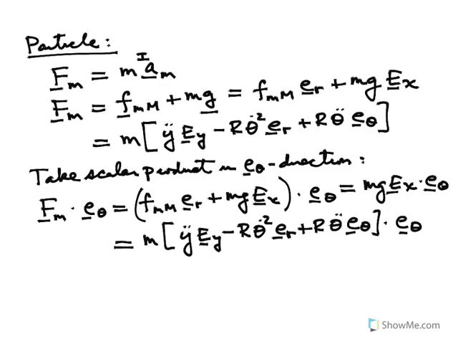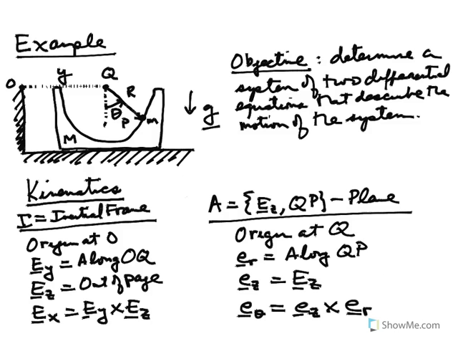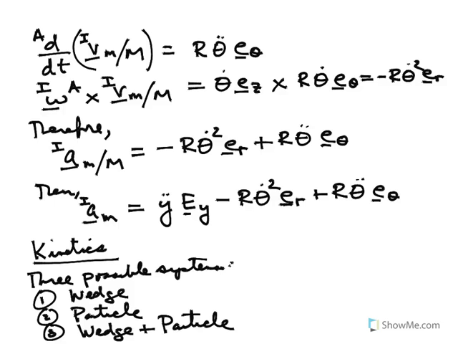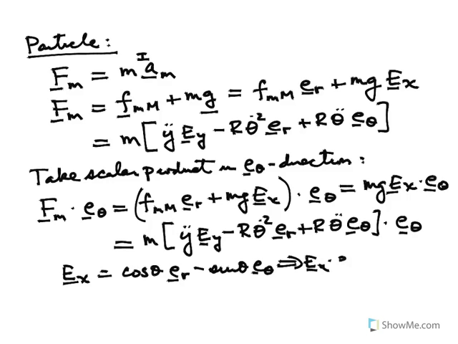So if we look at the picture over here, e_x is equal to cosine theta e_r minus the sine of theta e_theta, which gives that e_x dotted with e_theta is equal to minus the sine of theta.